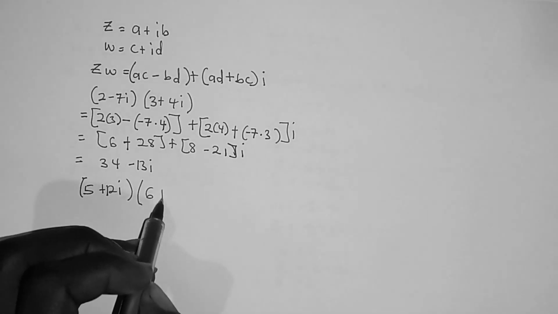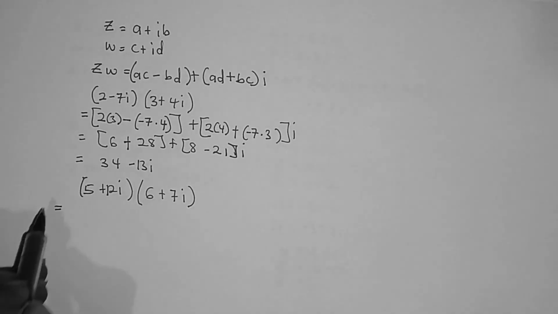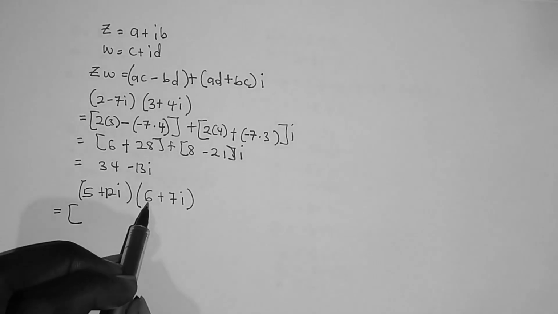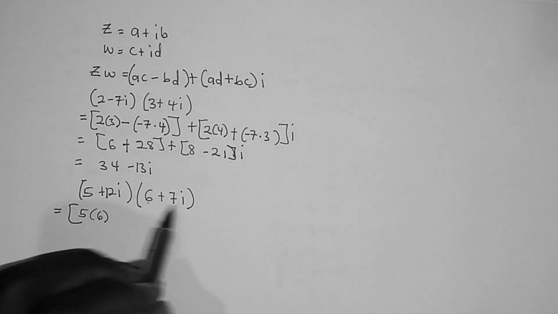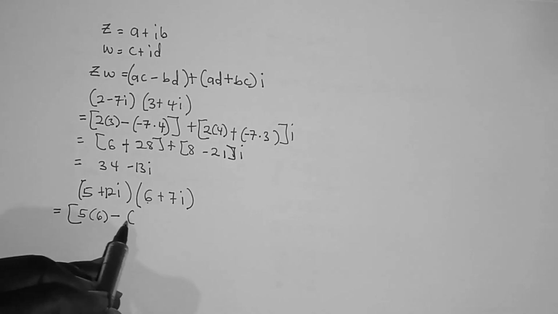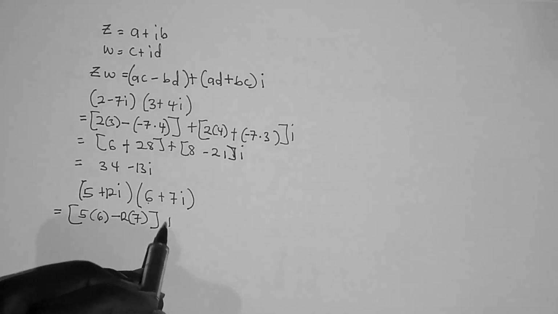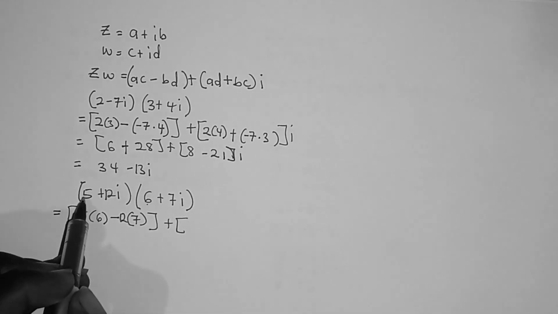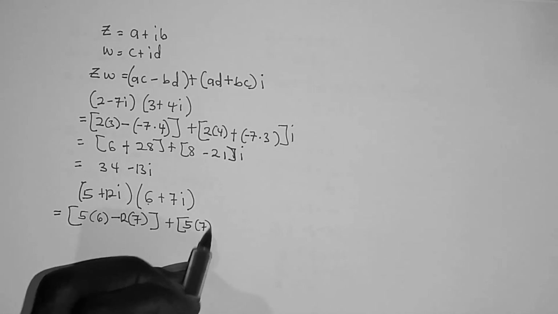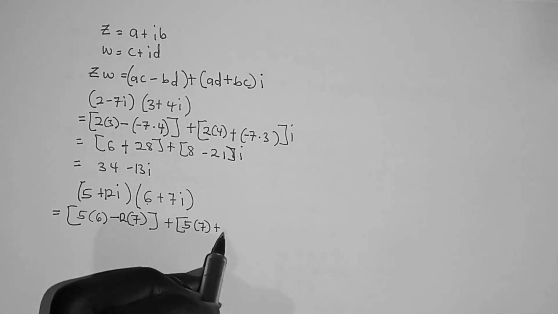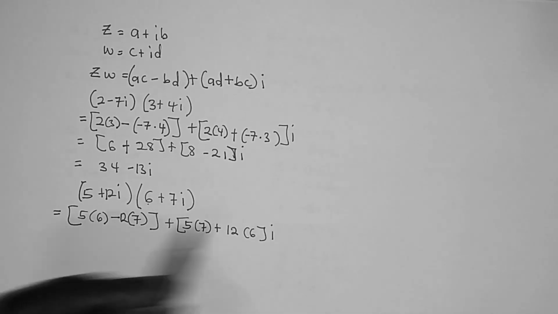What if we were given 5 plus 12i to multiply with 6 plus 7i? So this is equal to 5 times 6, minus 12 times 7, then plus, you cross multiply: 5 times 7 plus 12 times 6, i.